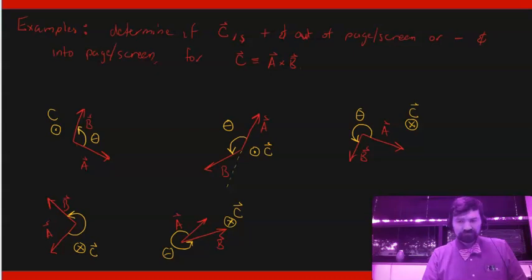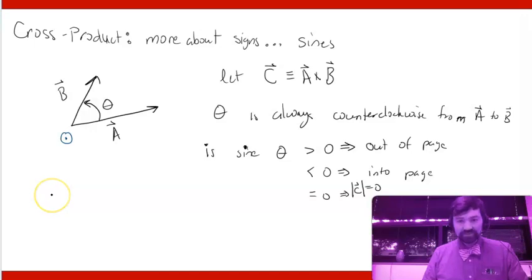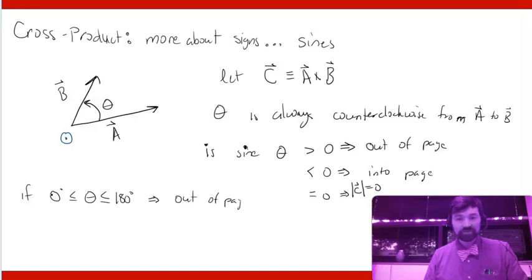So to summarize this previous set of rules, basically, if theta is in the first or second quadrant, so if 0 degrees is less than or equal to theta, which is less than or equal to 180 degrees, then you're going to get out of page.